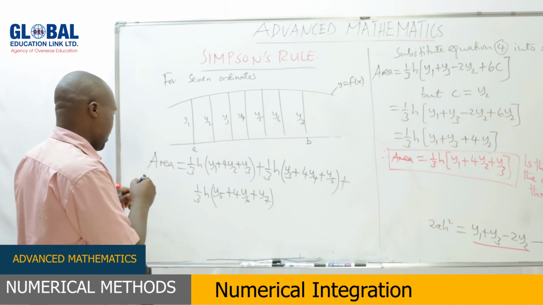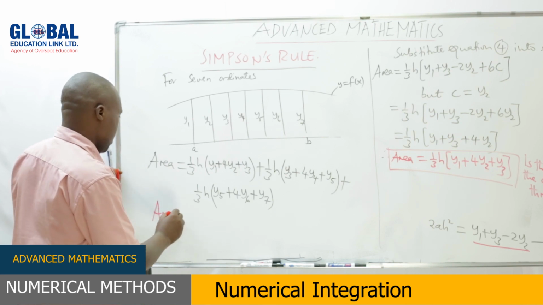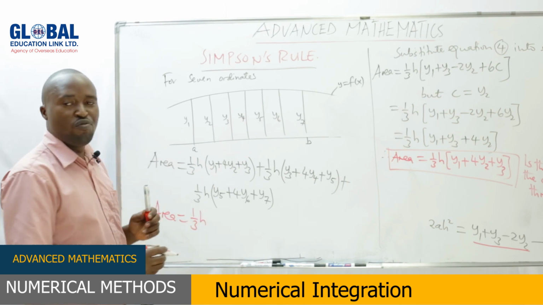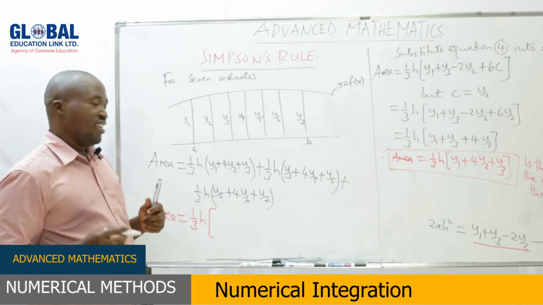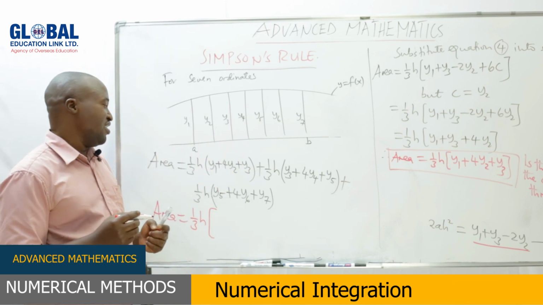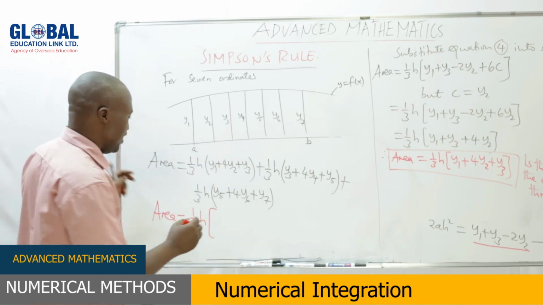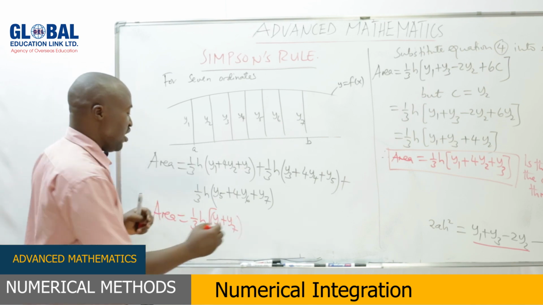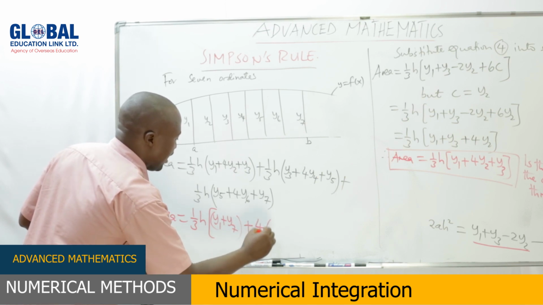Therefore, area is equal to, now here 1 over 3h is common, so this one will be out of the bracket. Then times, here we have the first ordinate and the last ordinate, that is y1 plus y7. Then again we have the even ordinates, that will be 4 times.